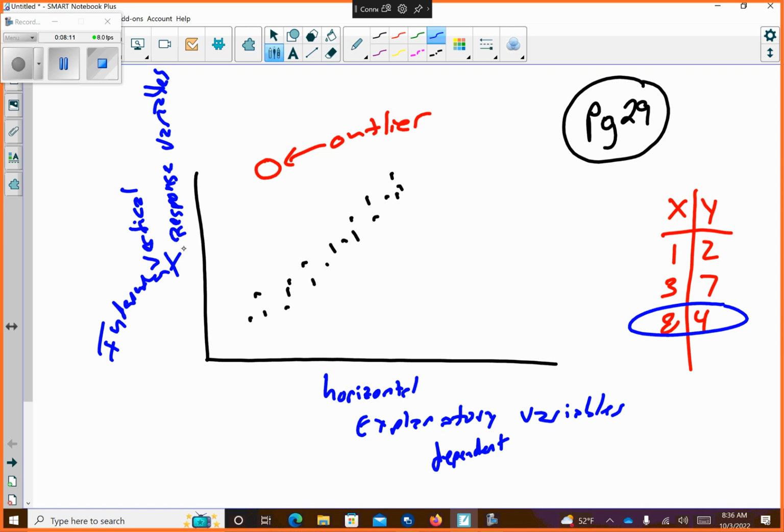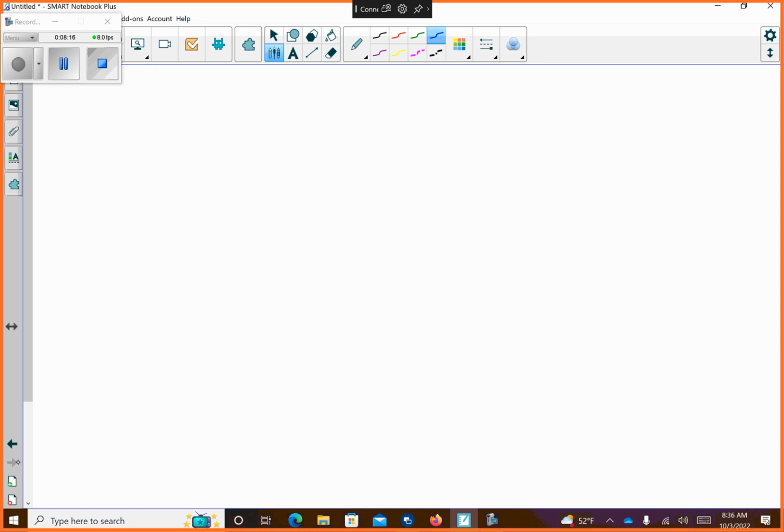All right. So on page 30, we start talking about data that goes all over the place. Picture 1 and picture 5 are just kind of all over the place. There's really no rhyme or reason to the dots.